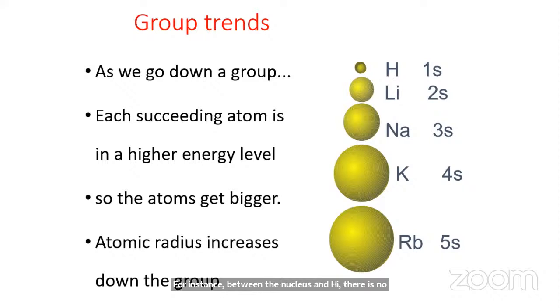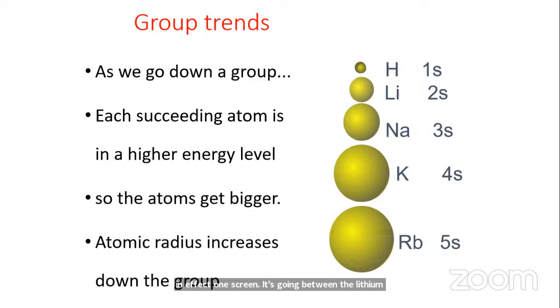The 1s electron is the closest to the nucleus. When we get to lithium, the 2s electron has a shield of the 1s orbital between the 2s valence orbital and the nucleus. So we have a shielding effect, a screen between the lithium valence electron and the nucleus.